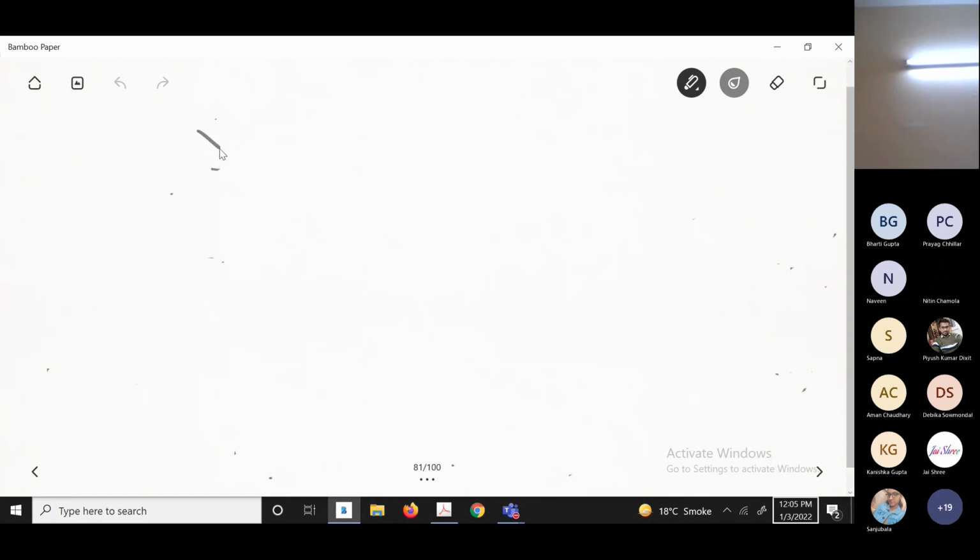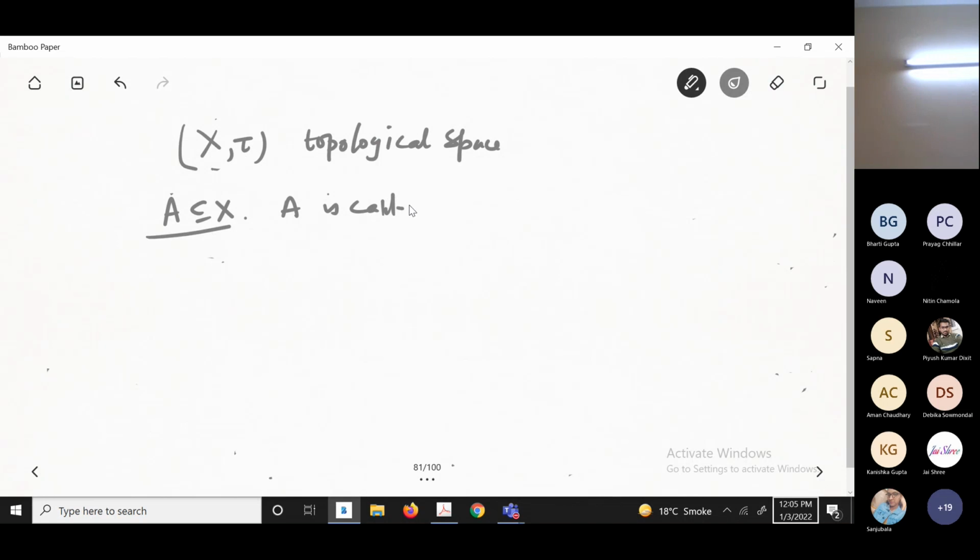So you have a topological space, and another definition: a subset A of X is called closed in X, or more precisely in (X, tau), because closed is defined in terms of tau, if X minus A is in tau.